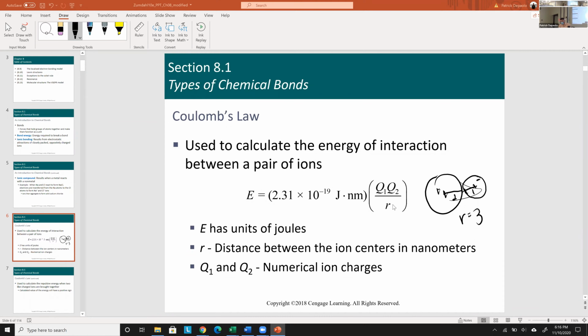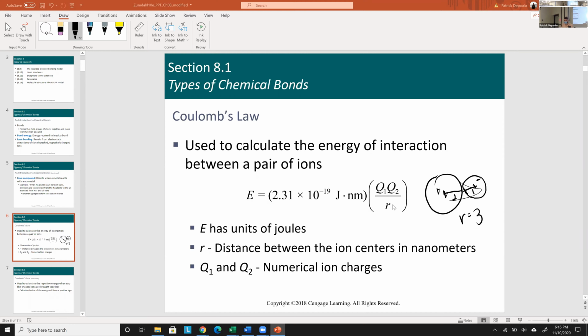So if the charge, you have two variables there, Q1 and Q2. So let's say if you went from +1, -1 to +2, -2. You're now going from 1 times 1 to 2 times 2, 1 to 4. That quadruples the energy.